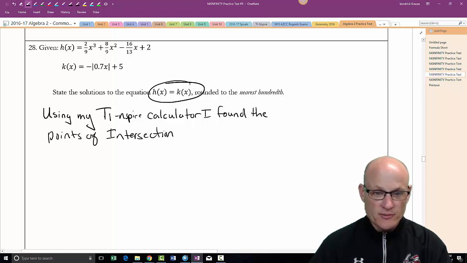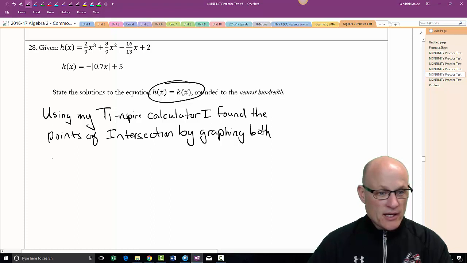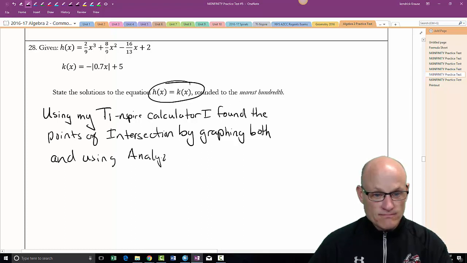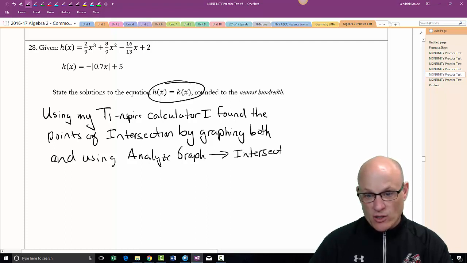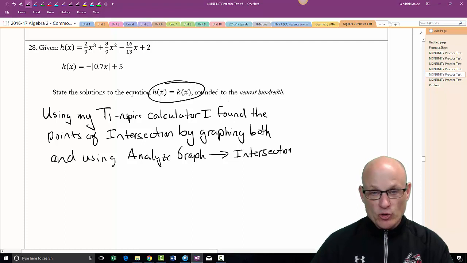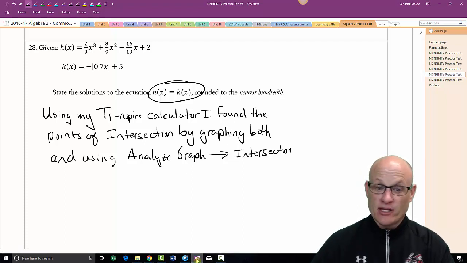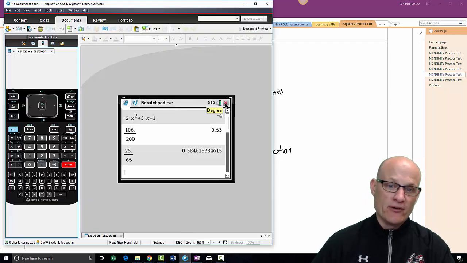Found the points of intersection by graphing both and using analyze graph intersection. You must tell the grader what you're going to do. I'm going to use my graphing calculator utility to find the points of intersection. And then we got to go do it. Let's do it.